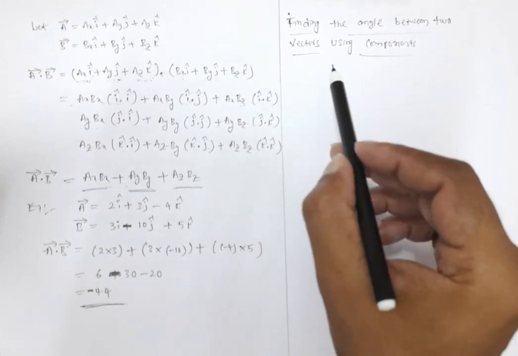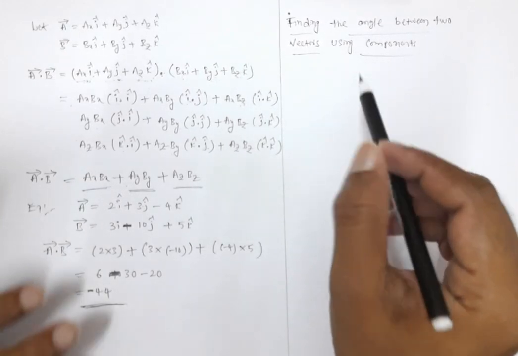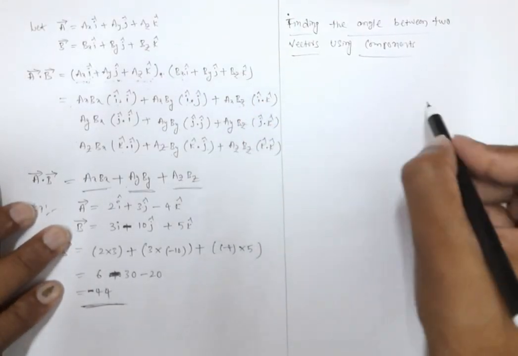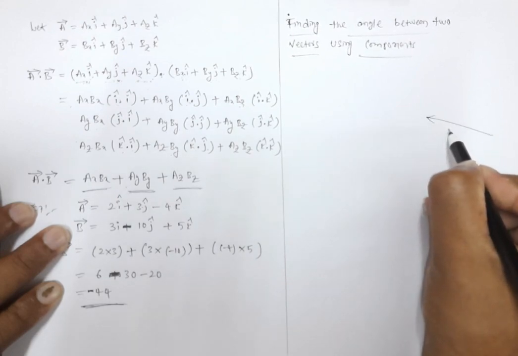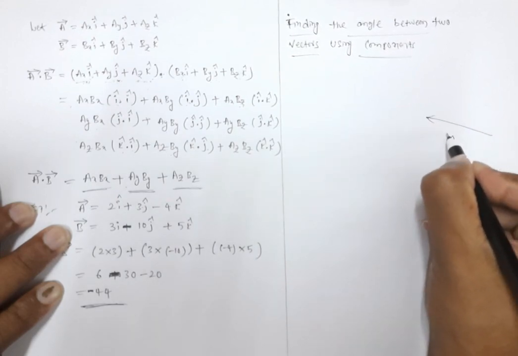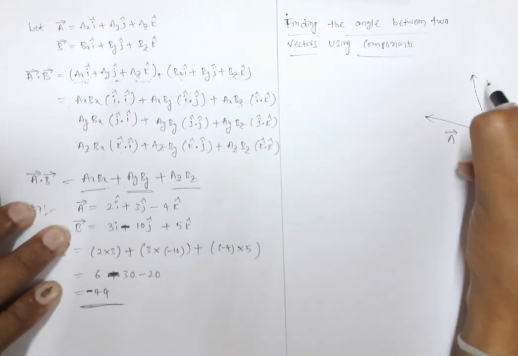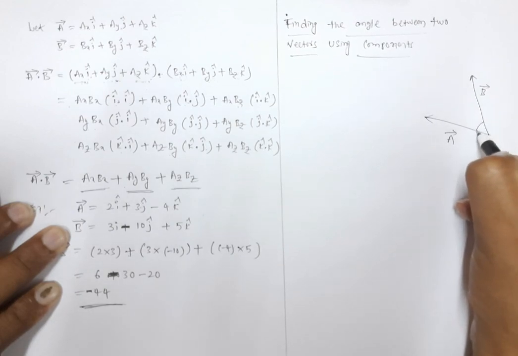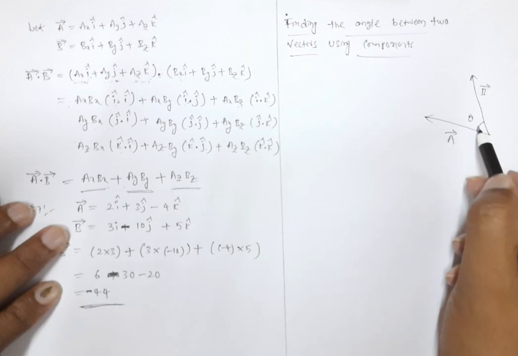Now let us see how we find the angle between two vectors using its components. Suppose again we have two vectors, vector a bar is this way and vector b bar is in this direction, and there is a certain angle theta. a bar is given and b bar is given, and now I want to find theta.